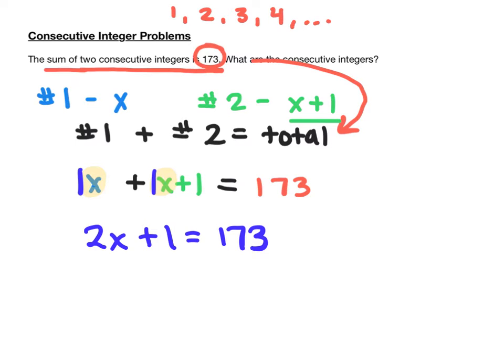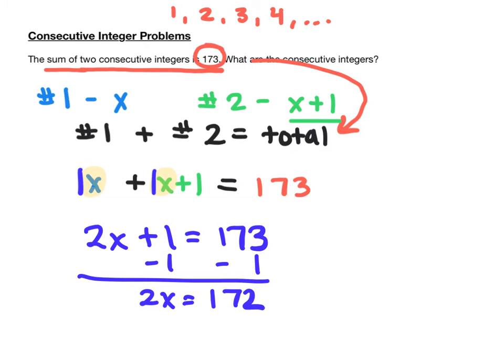To solve, I first have to get rid of the plus 1. So I subtract 1 from both sides to give me 2x equals 172. And then finally, I would divide both sides by 2 to get that 172 divided by 2 gives me that x is equal to 86.